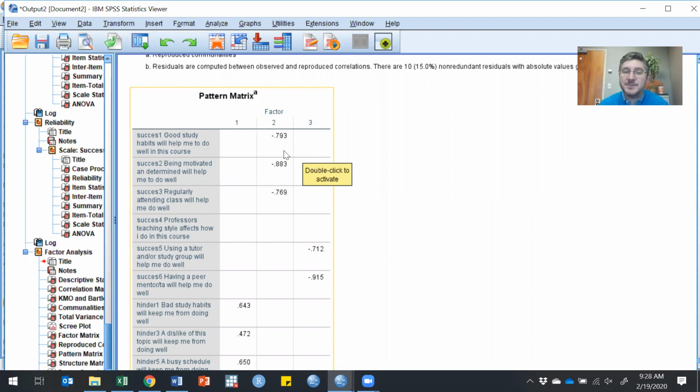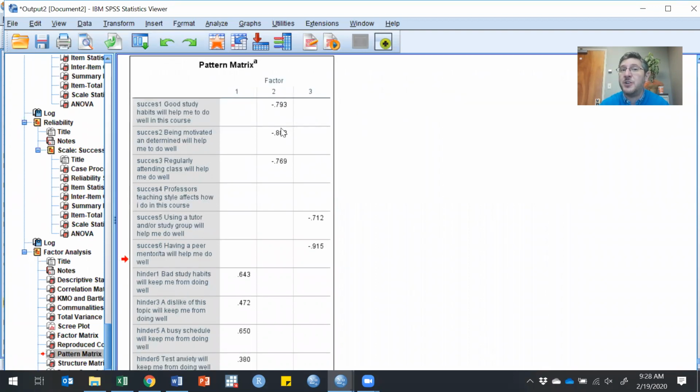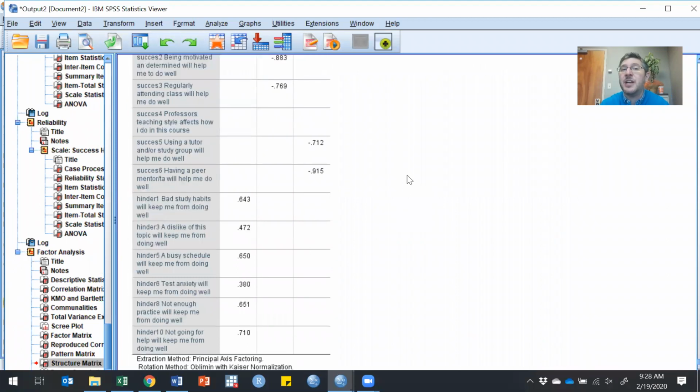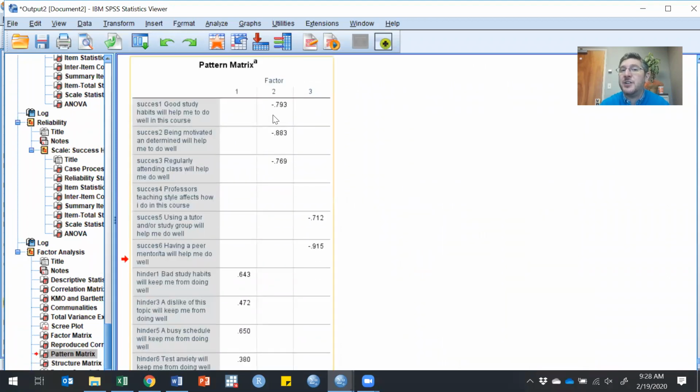Most SAS programs give you the pattern matrix by default. SPSS gives you both by default. The loadings in this table are more like standardized regression coefficients, so it's the relationship between that variable and the factor controlling for all of the other variables.